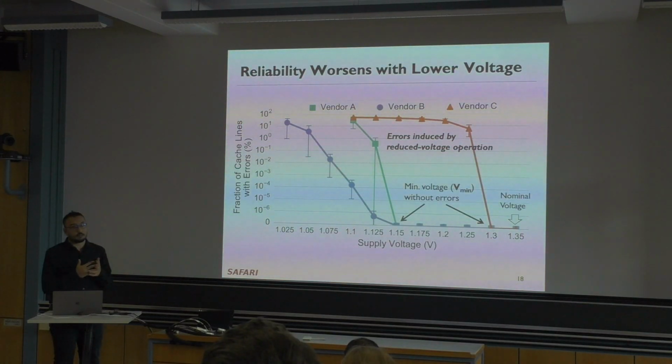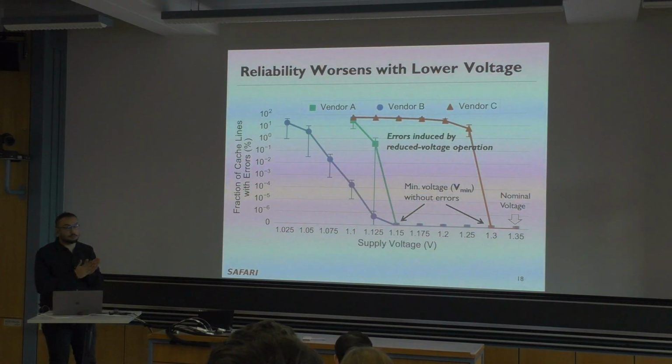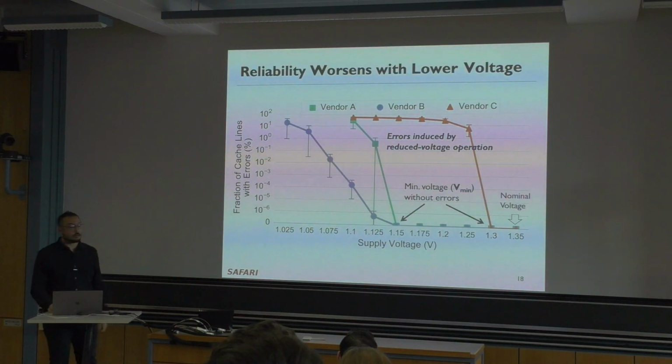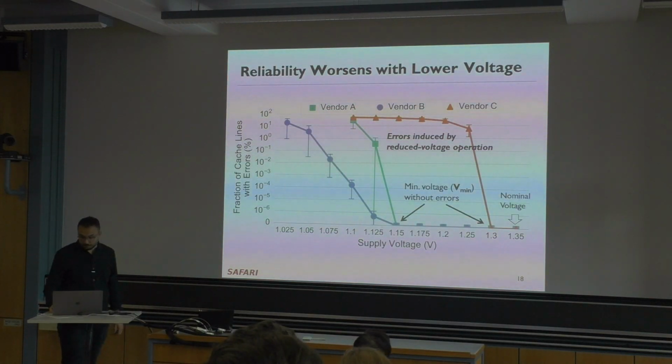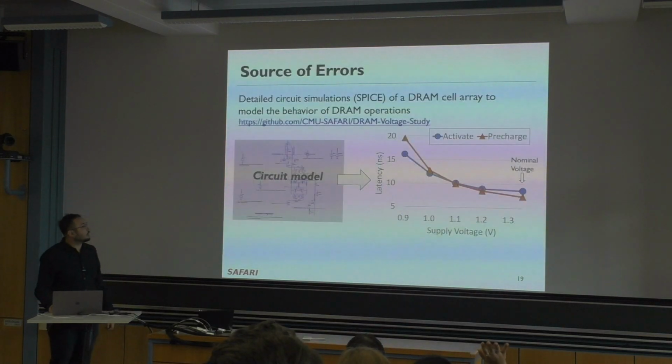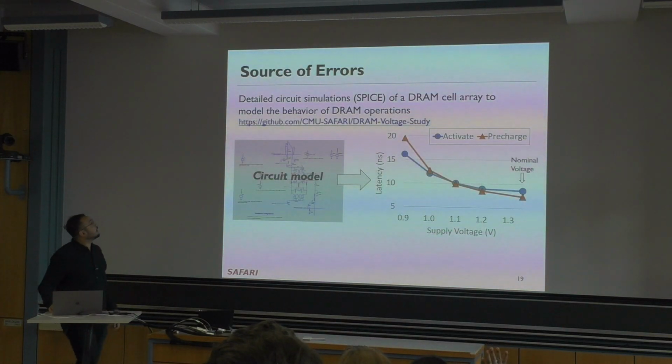So we clearly have a guard band. We don't have to make these chips work at 1.35 volts. If you use vendor A or B, you can go down to 1.15 volts without any reliability issue. And after that point, suddenly a lot of errors keep happening. So this is the main takeaway.